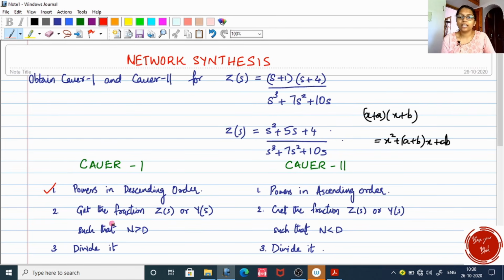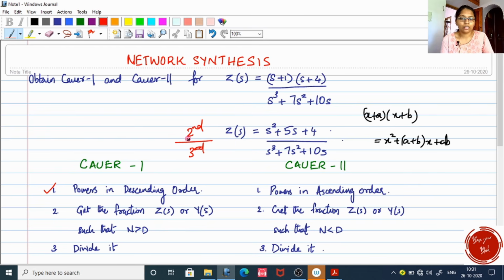And next is get the fraction Z of s or Y of s such that the numerator power is greater than the denominator power. In the numerator it is the second power and in the denominator it is the third power. But for Cauer 1 the numerator power must be greater than the denominator, isn't it?